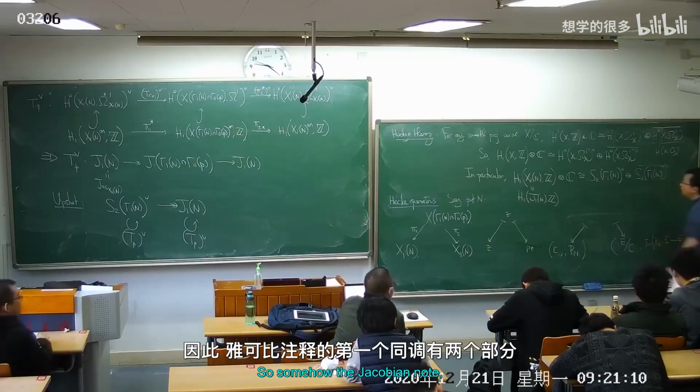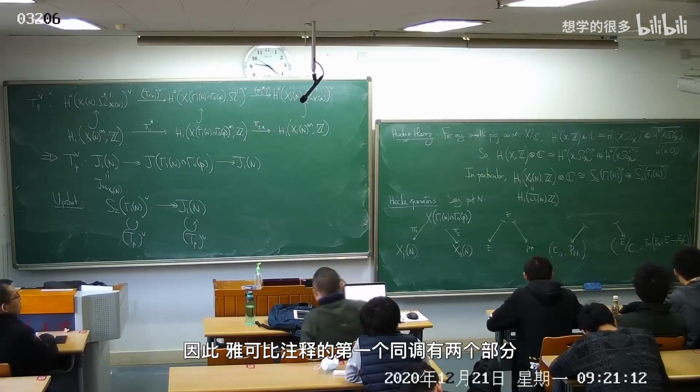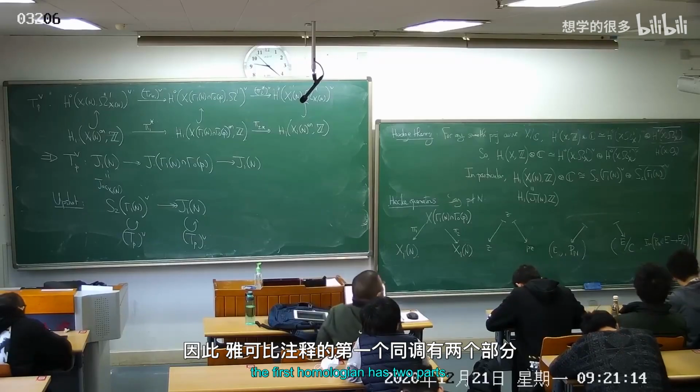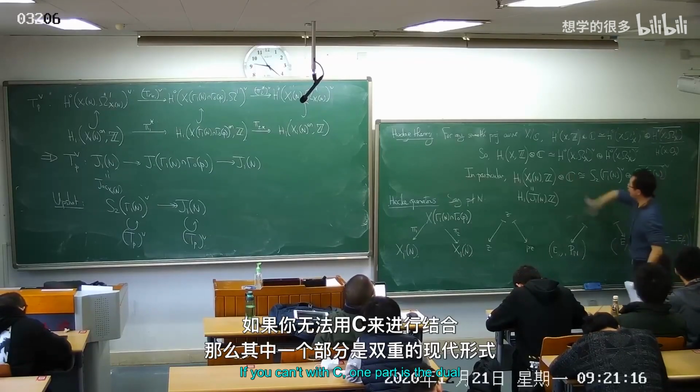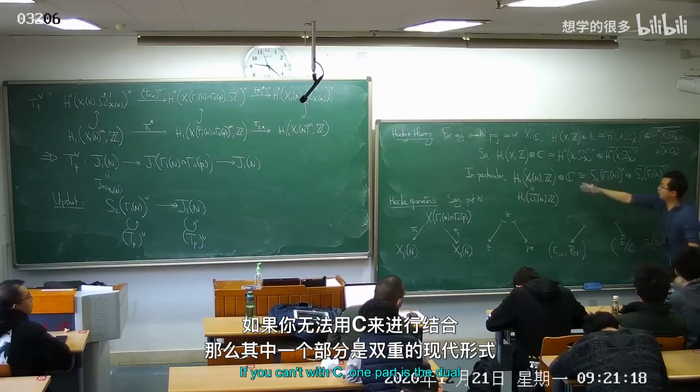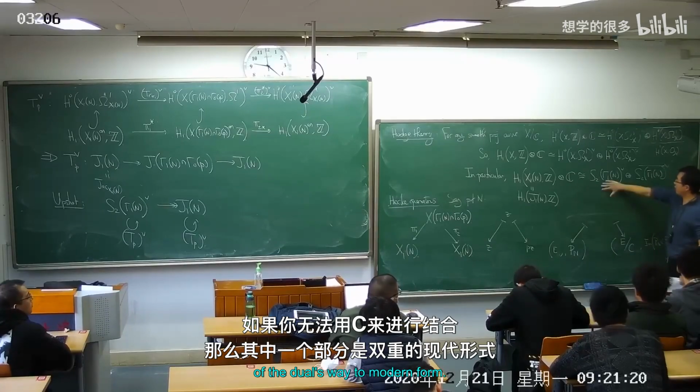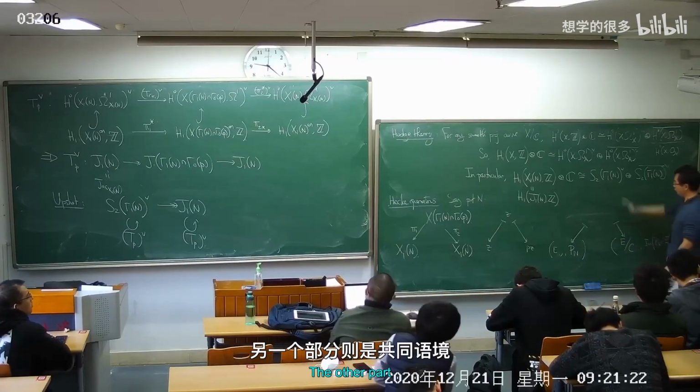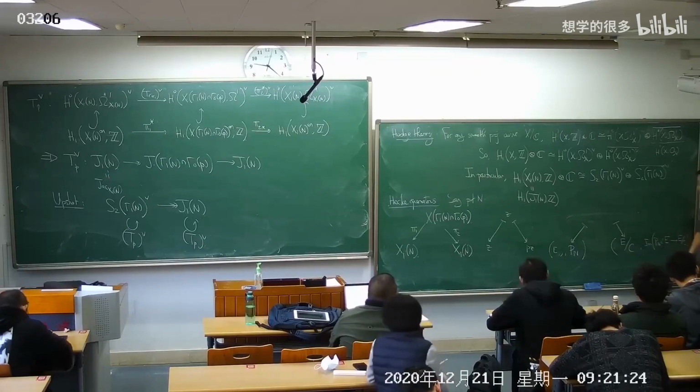So the first homology of the Jacobian has two parts. If you tensor with C, one part is the dual of the weight 2 modular forms. The other part is the complex conjugate of that.